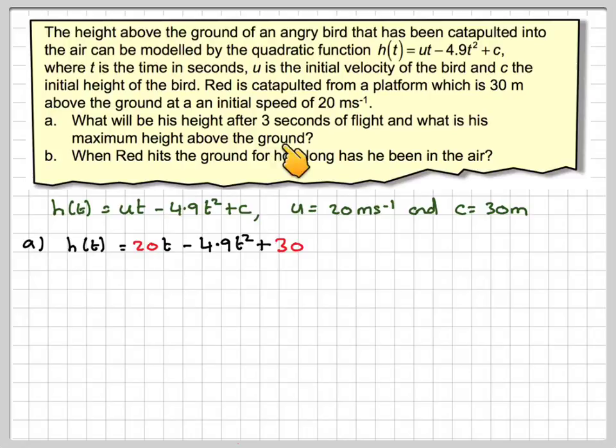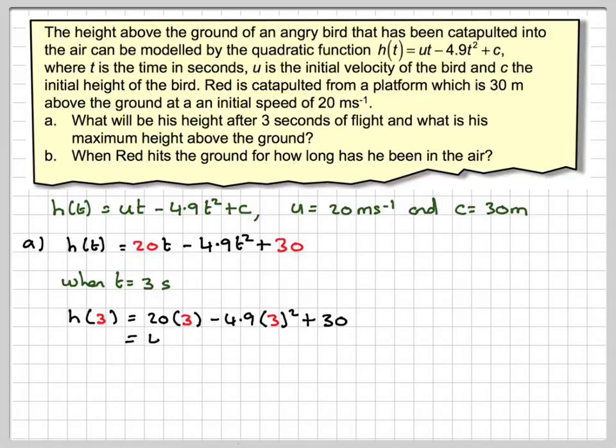So we want the height after 3 seconds, so we need to calculate when t is 3 seconds. So h(3) will be, we just substitute 3 into this, 20 times 3 minus 4.9 times 3² plus 30. If you work it out on your calculator, that's 45.9 meters.